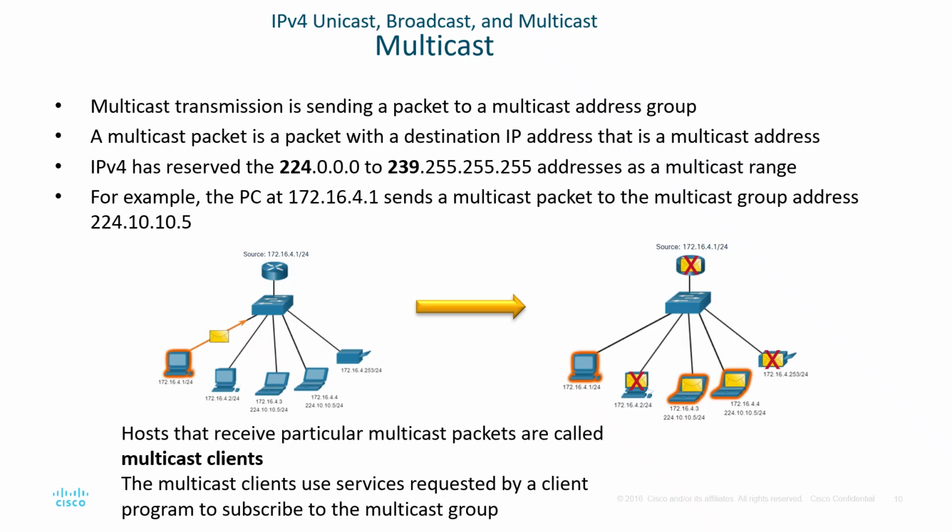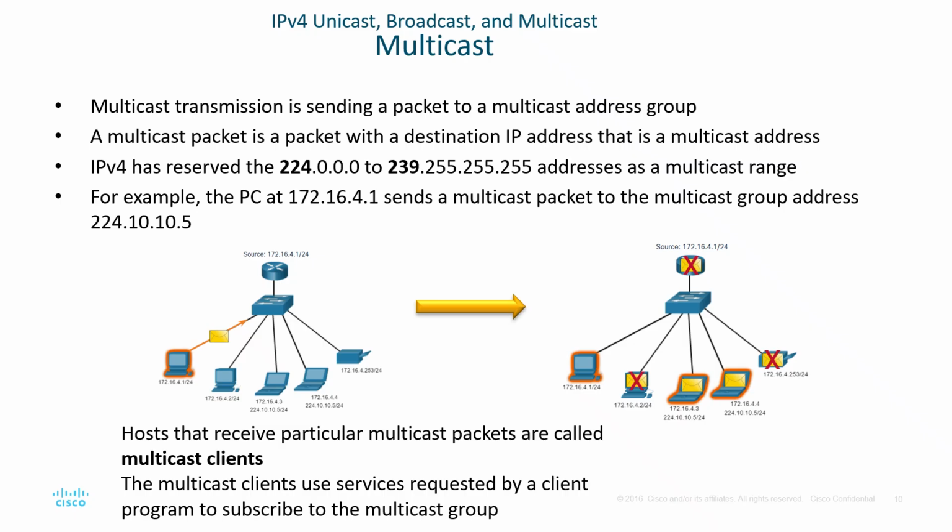So a group is created, okay, and you see on the slide over here, a group is created, and it is the multicast group of 224.10.10.5. So again, 4.1 is the source, but only those that are in the multicast group will receive it.